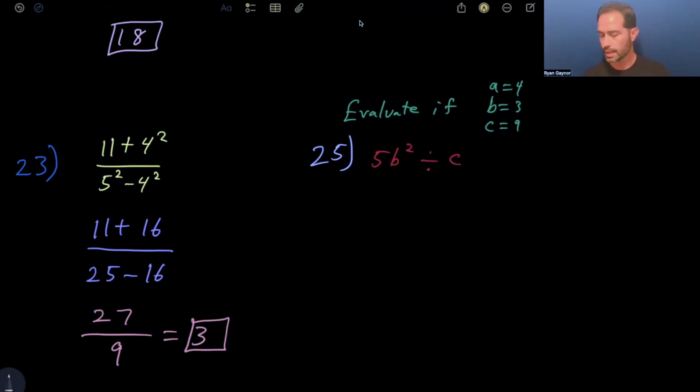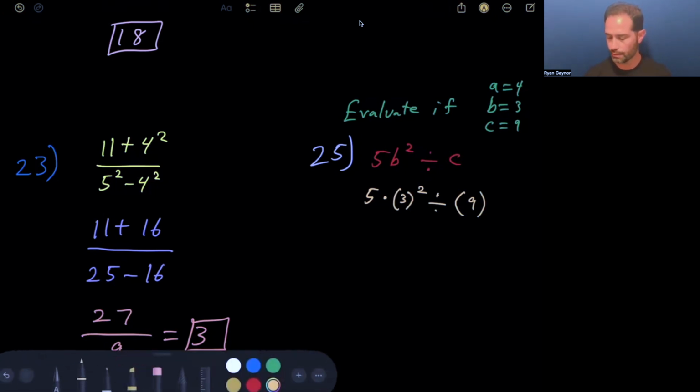So it says 5 and then times, I'm going to put a times because we're not using the letter anymore, so I need a times. And the B is 3, so I'm just going to put the 3 in the parenthesis for the substitution, and then I'm going to square that, and then I'm going to write divided by, use another parenthesis just to stay consistent, 9 for C.